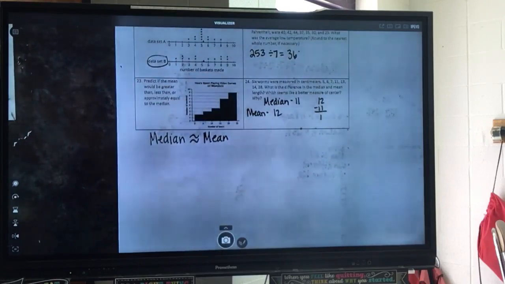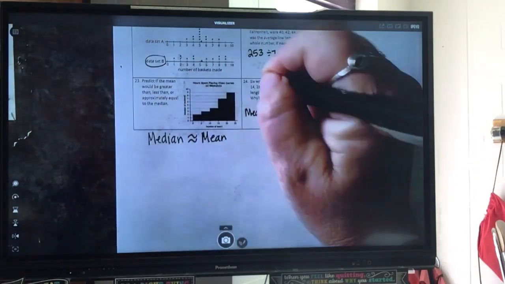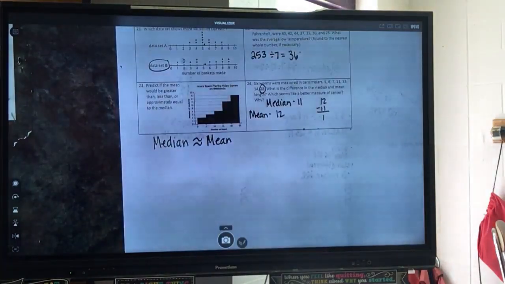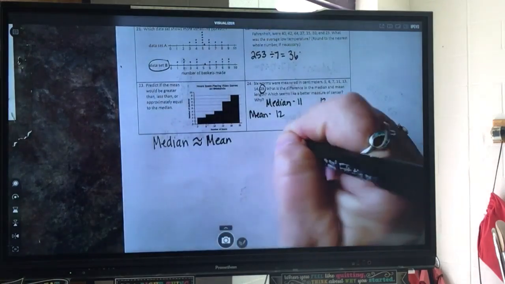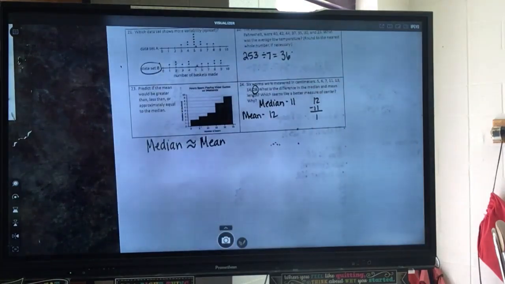Which one do you feel is a better measure of center though? Why? Because the median's the middle of the data. And you have this crazy big number right here, right? And what would we call that? So we have these numbers that are real close, and then we have this one way over here.